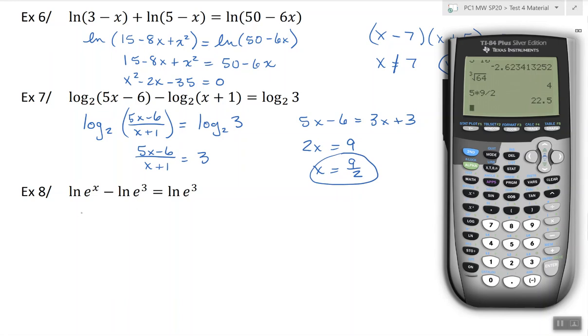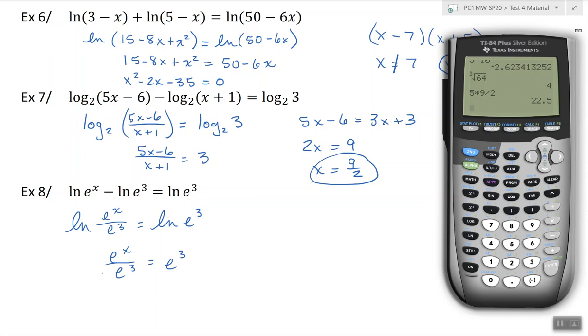This problem, we can go ahead and combine the logs on the left side. So it'd be a natural log of e to the x over e cubed, which is equal to the natural log of e cubed. Again, we have a log equals a log, so the arguments must be equal. And I'm going to solve, just get rid of the fraction.